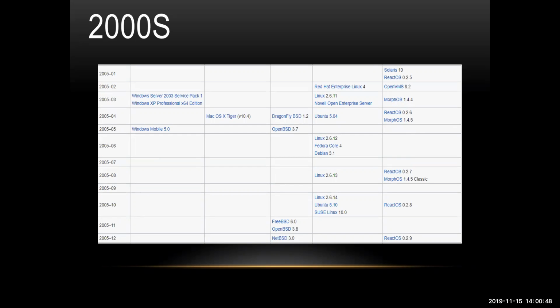And then March, we had Windows Server 2003 Service Pack 1 and Windows XP Professional x64 Edition. We also had Linux 2.6.11 and Novell Open Enterprise Server. We also had MorphOS 1.4.4.